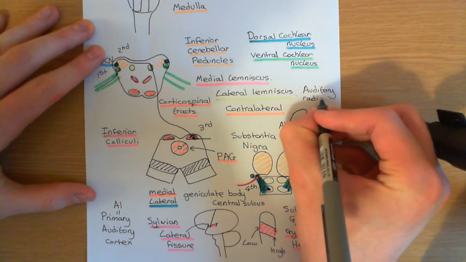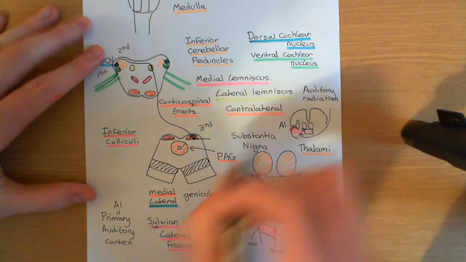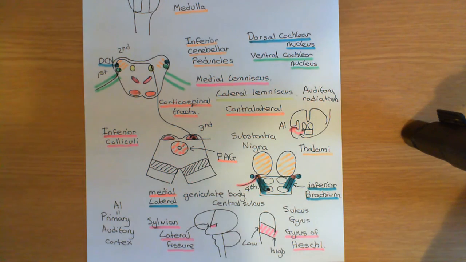Okay, right, so that's how the information is going to be delivered from the bipolar neurons up to the primary auditory cortex.